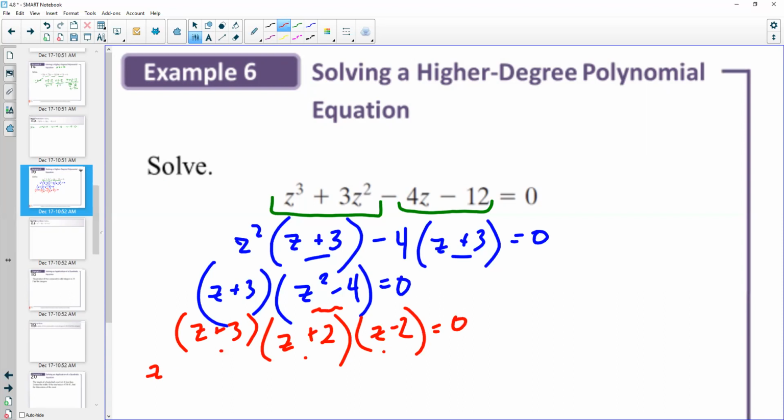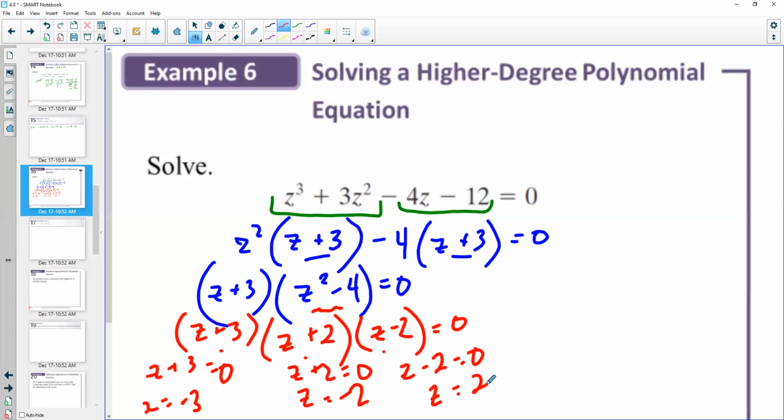So z plus 3 equals 0, z plus 2 equals 0, and z minus 2 equals 0. Over here I get 3. Oh, sorry, negative 3. Over here I get z equals negative 2. And over here I get z equals 2. Ta-da, we're done.